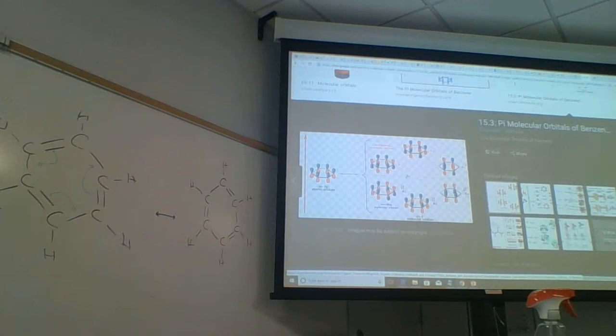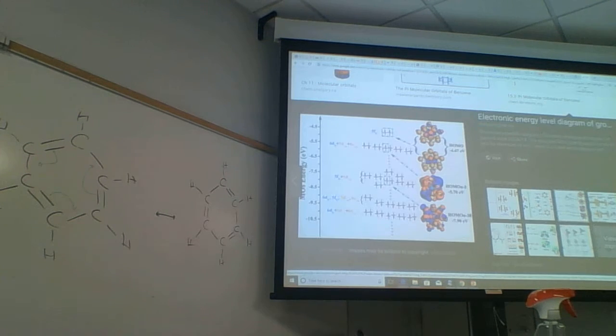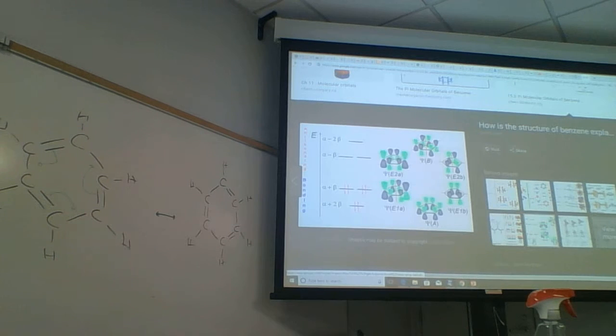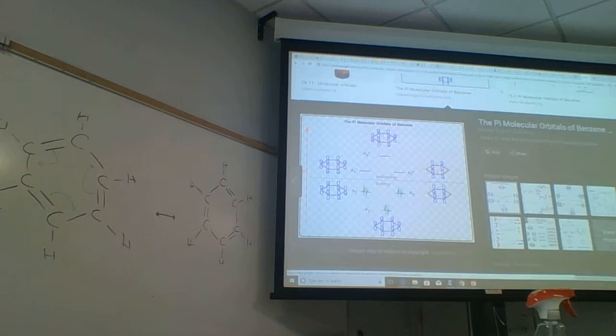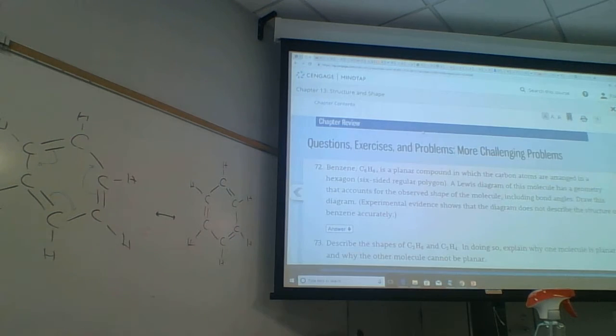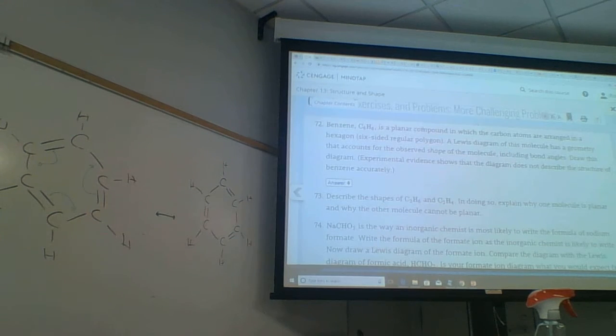This is what we're doing in Chem 1A. This is the more advanced type of stuff, called molecular orbital theory, which you also do in Chem 1B. All right. So that's number 72. Any questions? Any other questions?